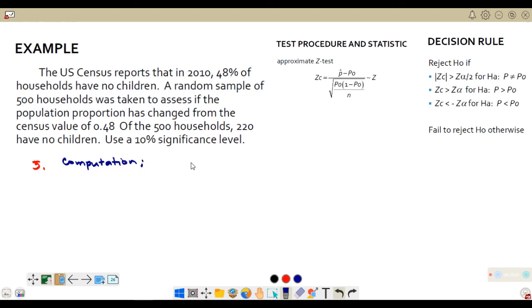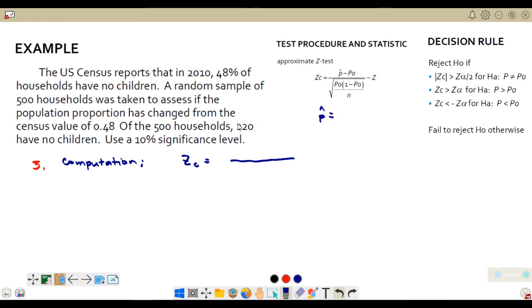So, computation, z computed is equal to our proportion, actual proportion, and assumed proportion. So, ano yung p hat natin? So, p hat is, out of 500, 220 have no children. So, meron tayong A over N.